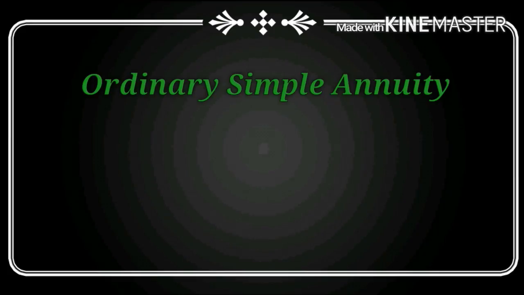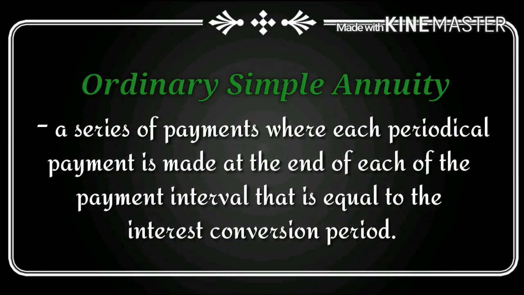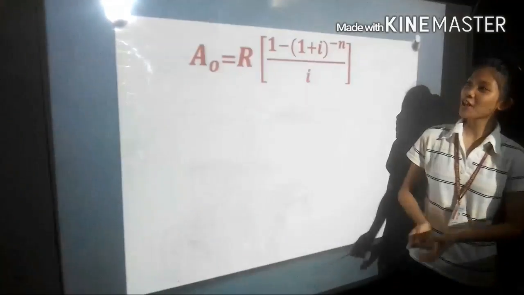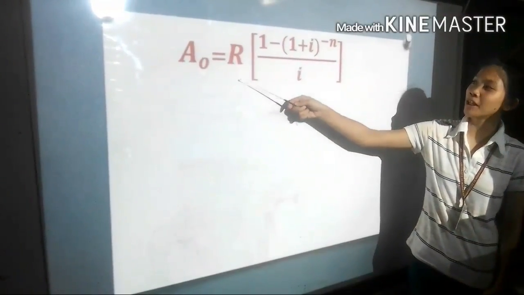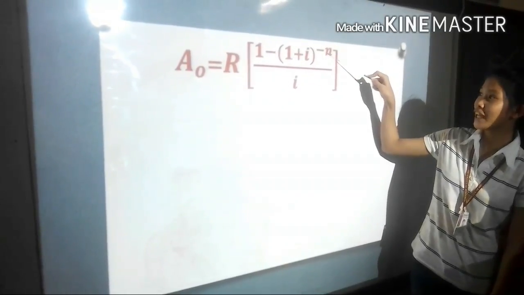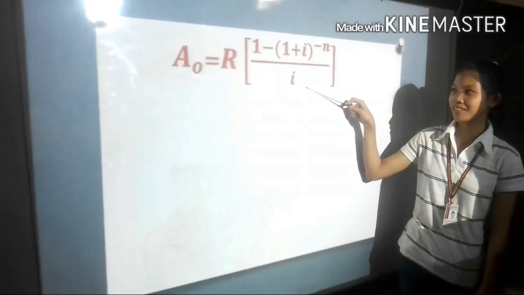The problem is an example of ordinary simple annuity referring to present value. Ordinary simple annuity is a series of payments where each periodic payment is made at the end of the payment interval that is equal to the interest conversion period. To solve this problem, we are going to use this formula: present value is equal to R multiplied by 1 minus the quantity 1 plus i raised to negative n, divided by i.